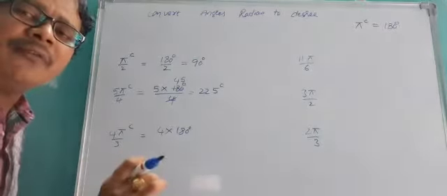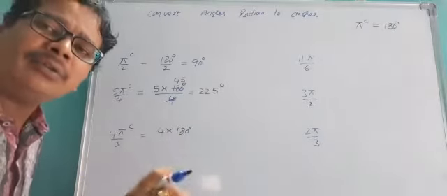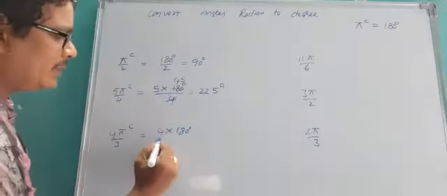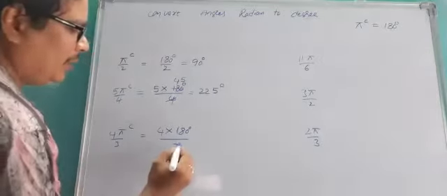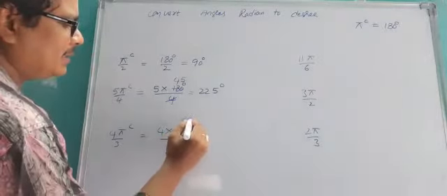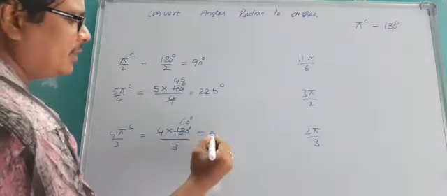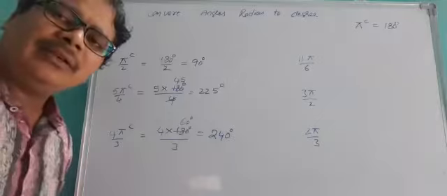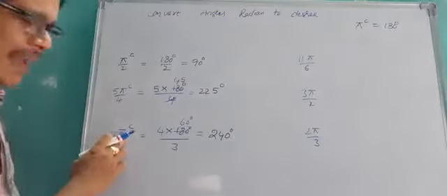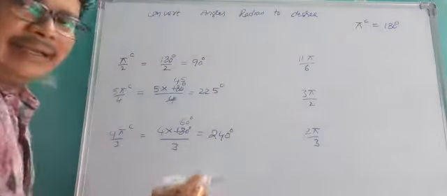That means instead of pi radians, you substitute 180 degrees and you get the angle in degrees. 3 1s are 3, 6 4s are 24. That means 240 degrees. So this is the conversion of pi radians to degrees.